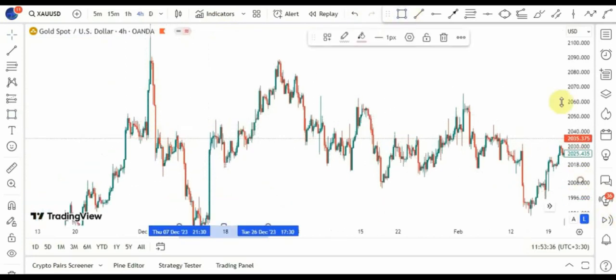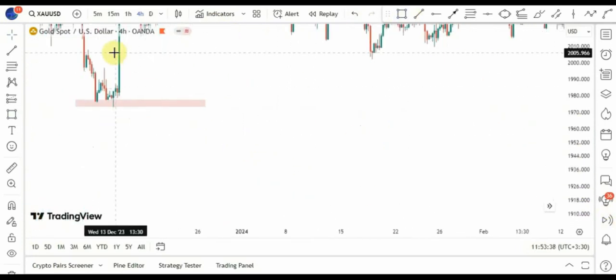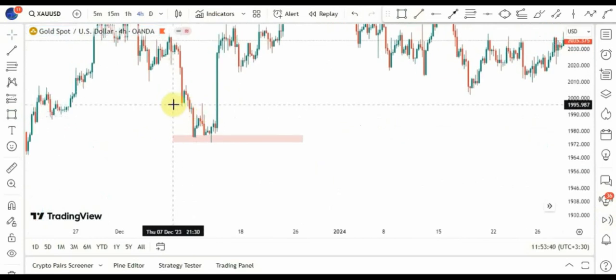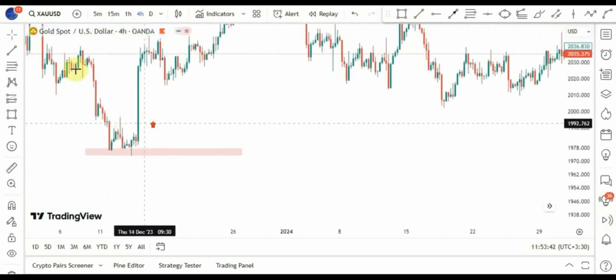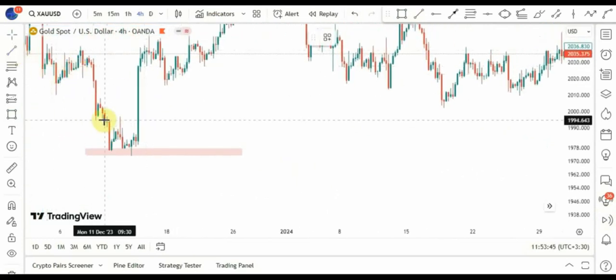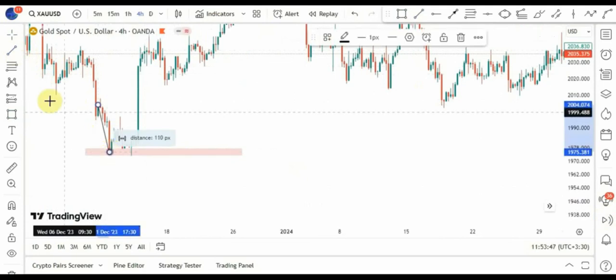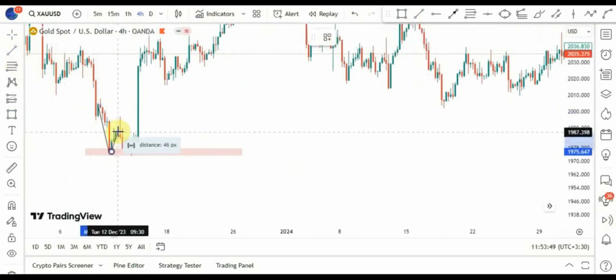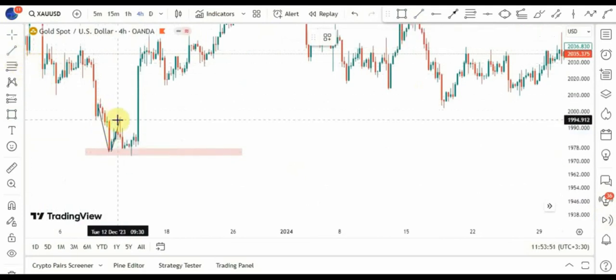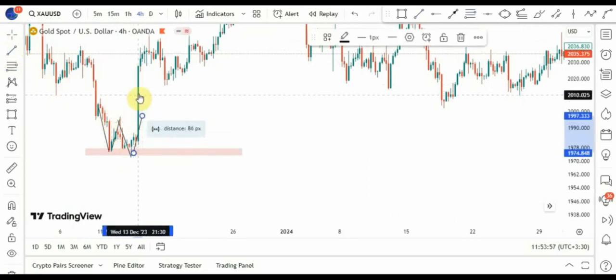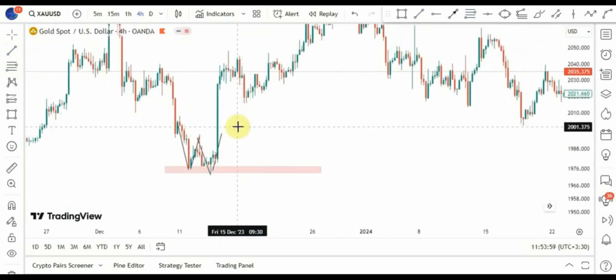At 1980, we have a double bottom right here. You can see this is the first bottom, and this is the second bottom, which was followed by this big candle and pulled gold above. This is our double bottom.